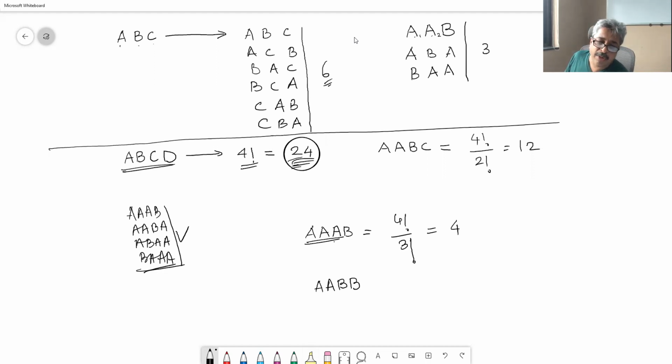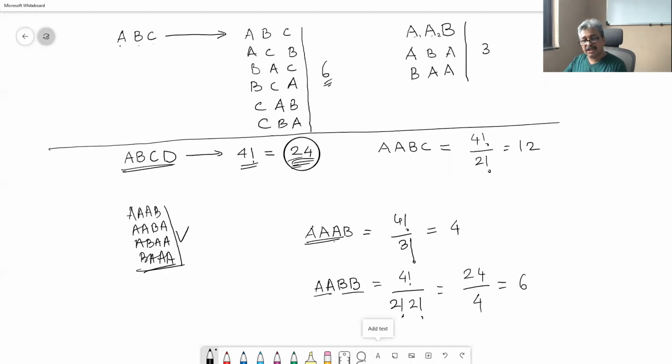So both A's will permute amongst themselves in 2 factorial ways. Both B's will permute amongst themselves in 2 factorial ways. Therefore, this is going to be the final answer if 2 A's and 2 B's were there. That is 24 upon 4, 6 different ways. If two A's and two B's are there, that means there is a repetition of A 2 times, repetition of B 2 times, then the answer would have been this.